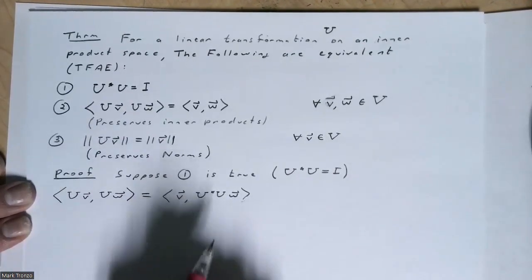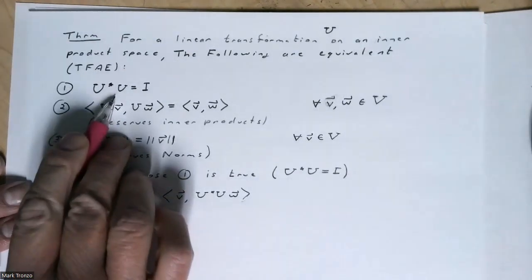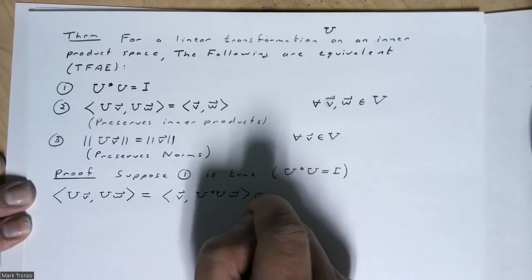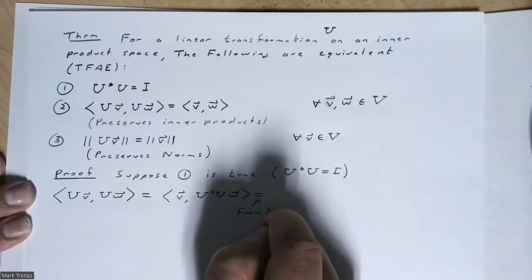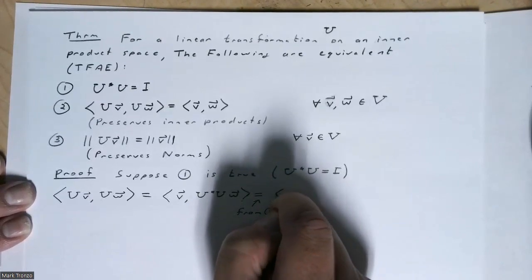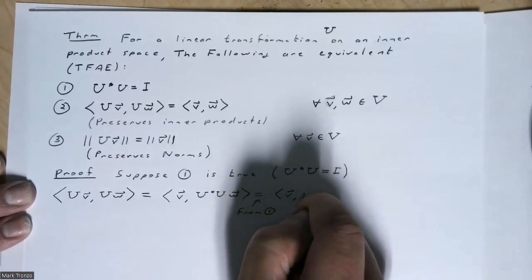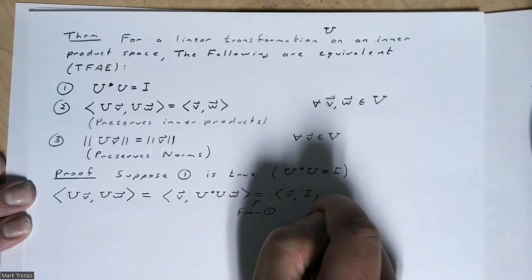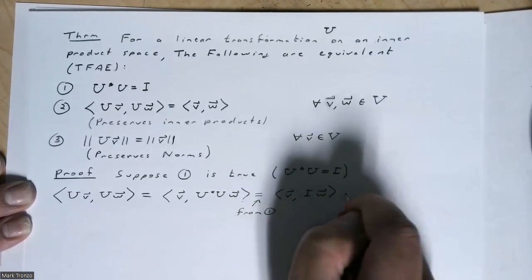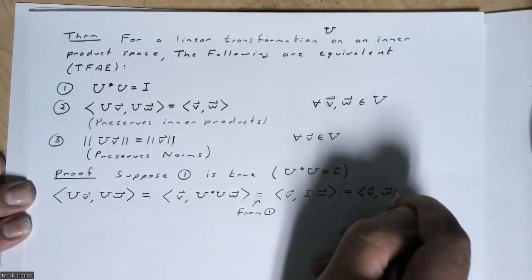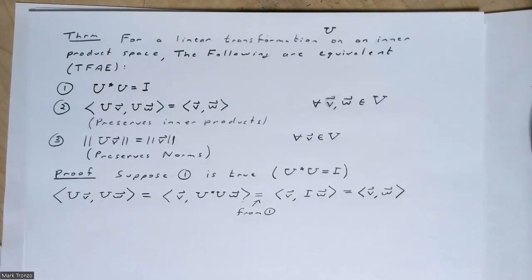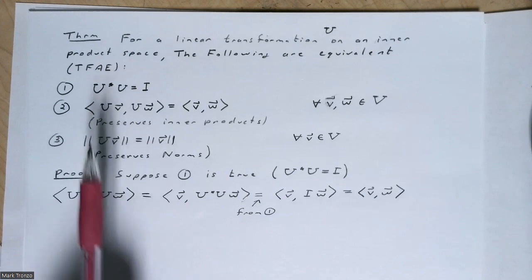And then, of course, from 1, we have that this is just I. Like that. So that proves that 2 is true.